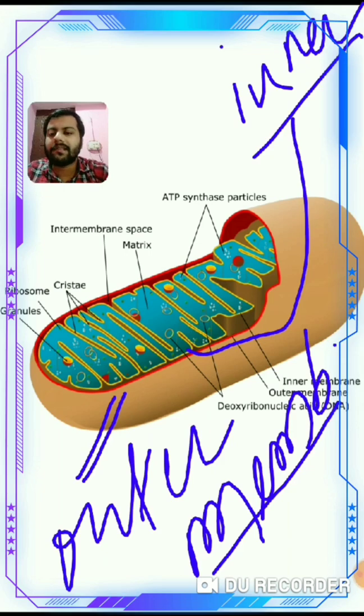Those infoldings are known as cristae. Cristae increase the surface area for various enzymatic reactions.